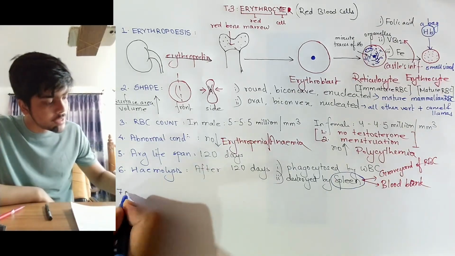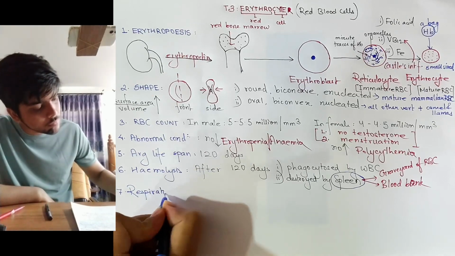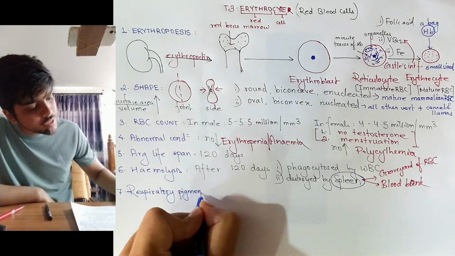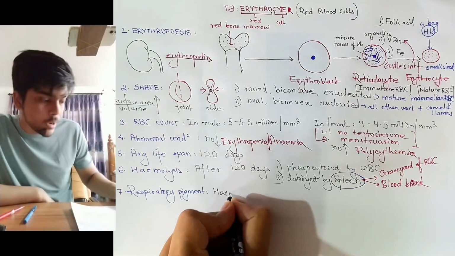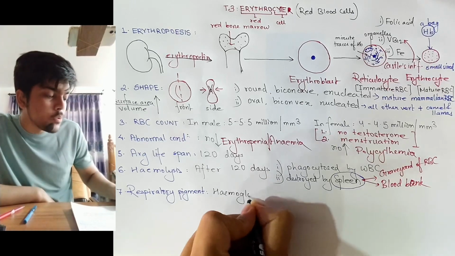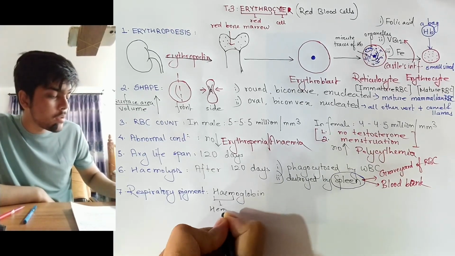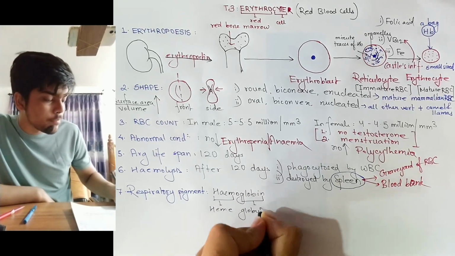Then, number 7, which includes respiratory pigment. In RBC, as a respiratory pigment, we have hemoglobin, which is made up of 2 parts. There's your heme part, and then there's your globulin protein part.